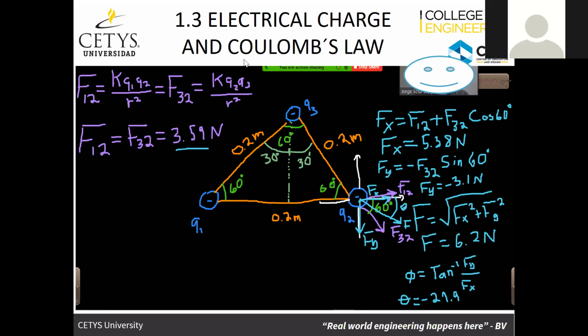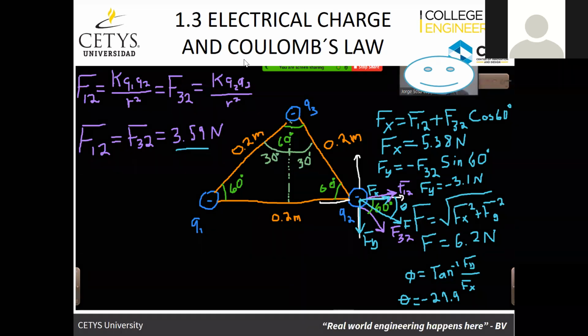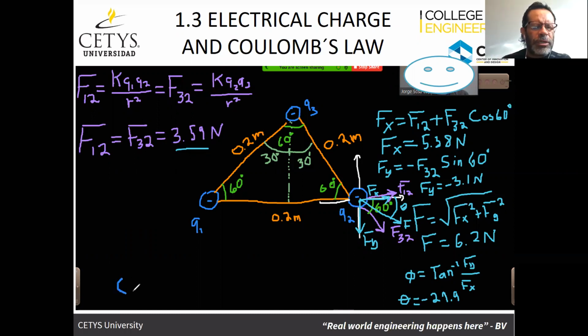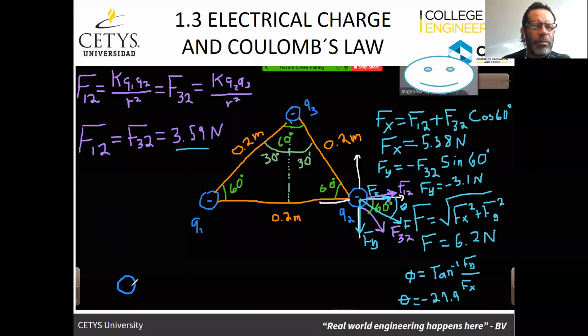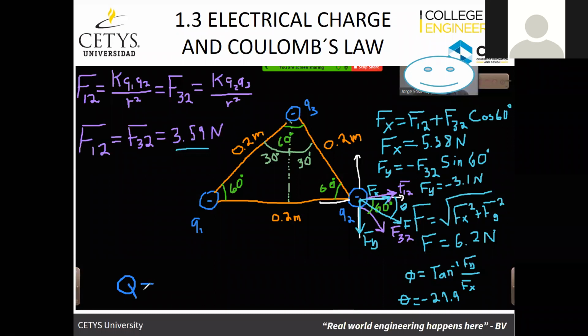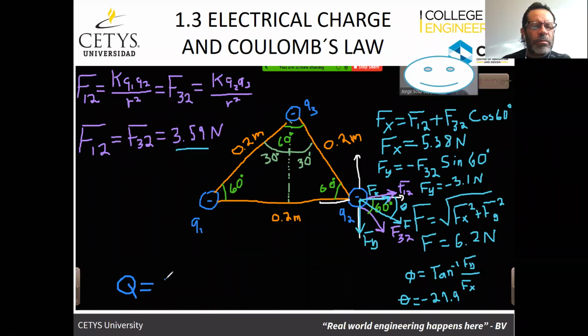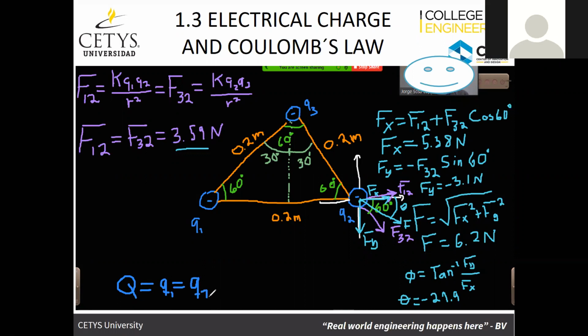It is 4 times 10 to the 6. So the charges, I'm going to just call it Q, are the same. Q1 is the same as Q2, the same as Q3, and they're negative, correct.